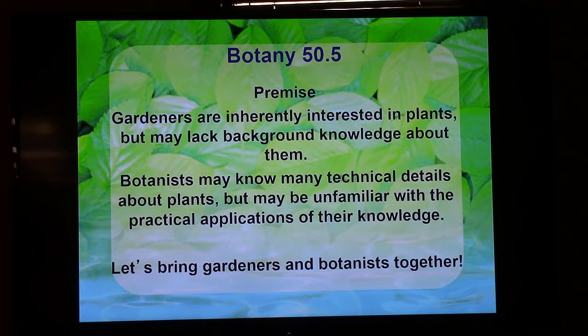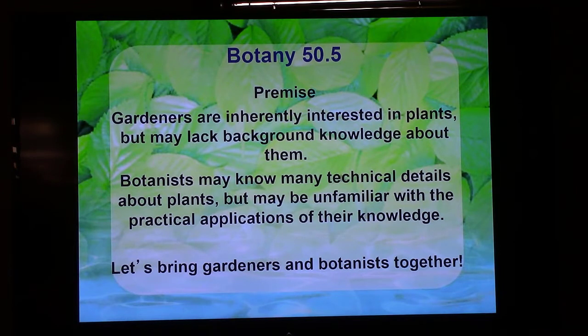I had several botany professors in college. They couldn't have grown a flower bed if they had to. They knew all about this serious biochemistry about plants, but they had no practical knowledge.